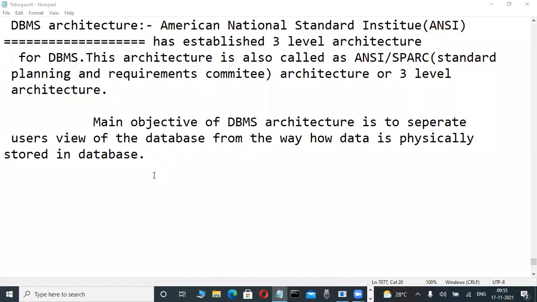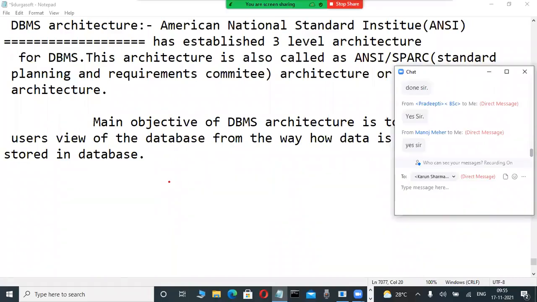What are the 3 levels? Can anybody tell me? Maybe someone who is a good programmer on the academic side, M.Tech, B.Tech, or university students. It is a very important concept.